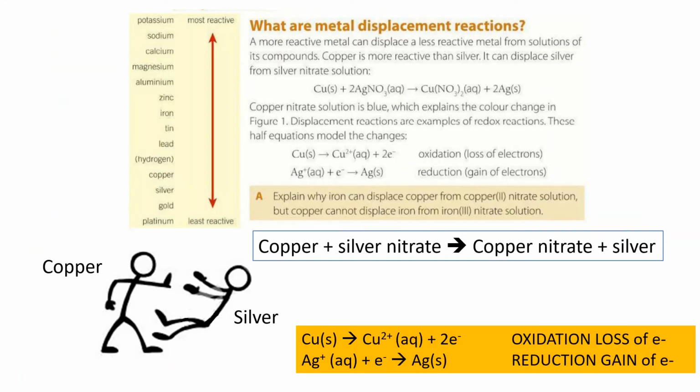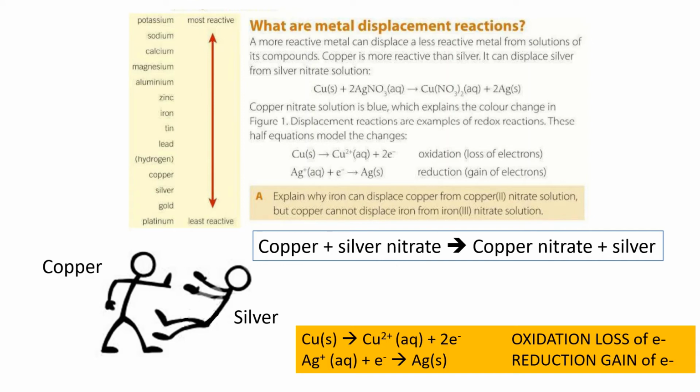Alright, what are metal displacement reactions? This is just like the halides, where the more reactive halogen will displace the less reactive halogen. In this case, a more reactive metal will displace a less reactive metal. If you look at the reactivity series chart, potassium is the most reactive and the least reactive is platinum.